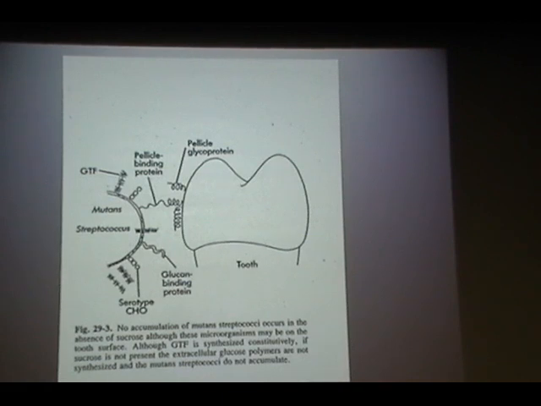And what you will begin to see is, here's an example of a mutans streptococcus. That's a general term for a cariogenic organism. That there's a pellicle glycoprotein. This could be a proline-rich peptide, for example. It will bind to that.